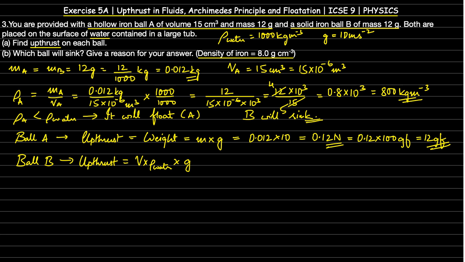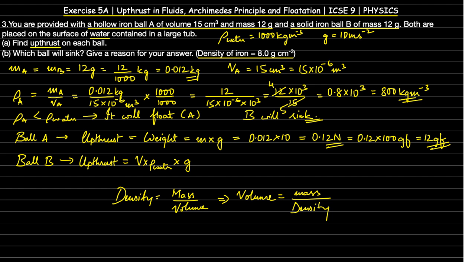Now we know that density is equal to mass divided by volume. So volume equals mass divided by density.